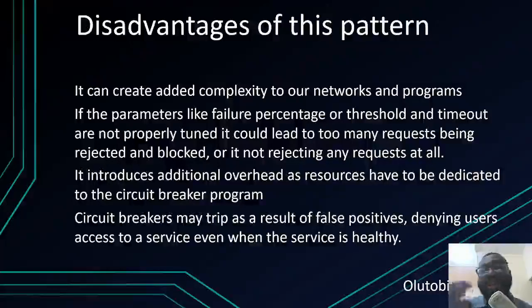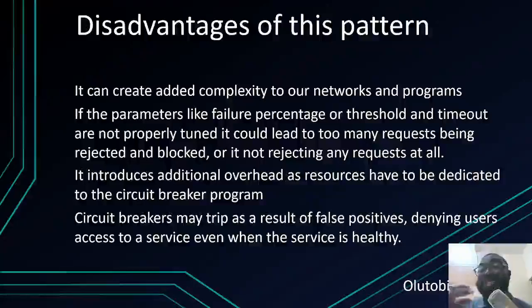But the circuit breaker would think the requests are being rejected because the service is down. Meanwhile, the requests are probably just not in the proper format or pattern, and the service is rejecting them.